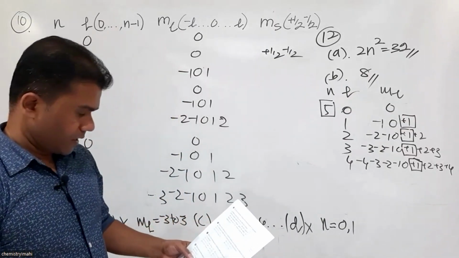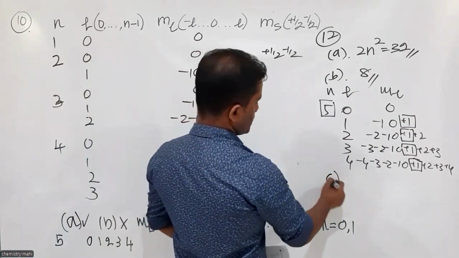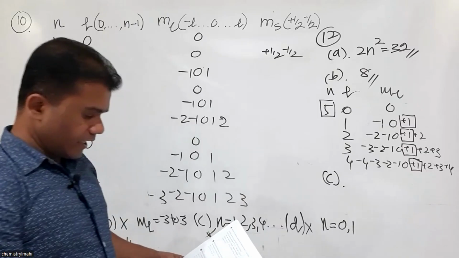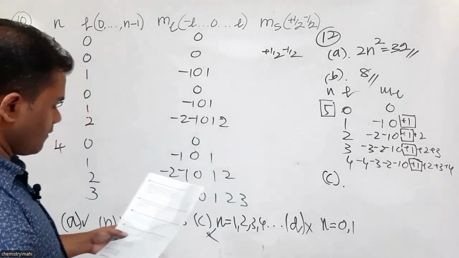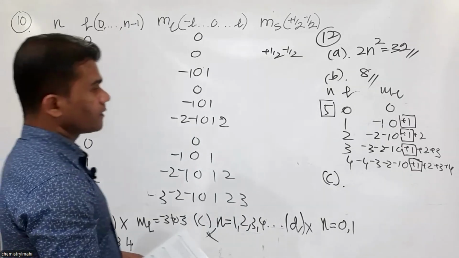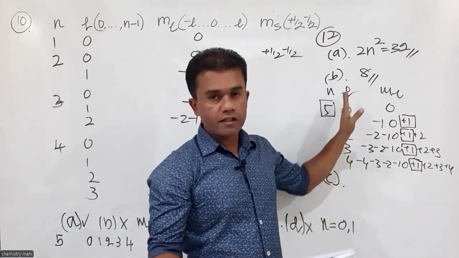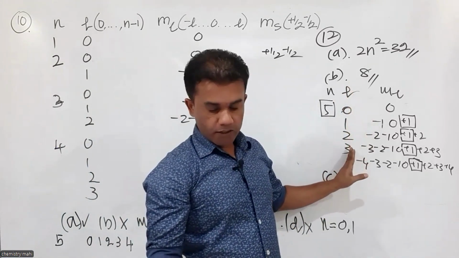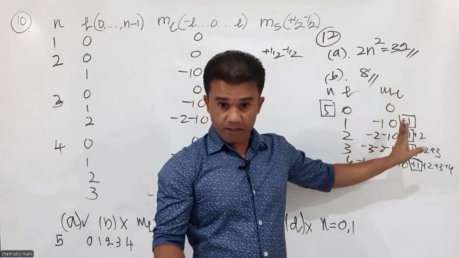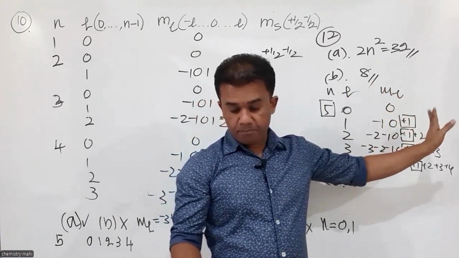Got it? Let's go to C. So what is C? n equals 5, ms plus half. N equals 5. There is no condition for L, it can be any value. There is no condition for ML, it can be any value, but there is ms plus half.